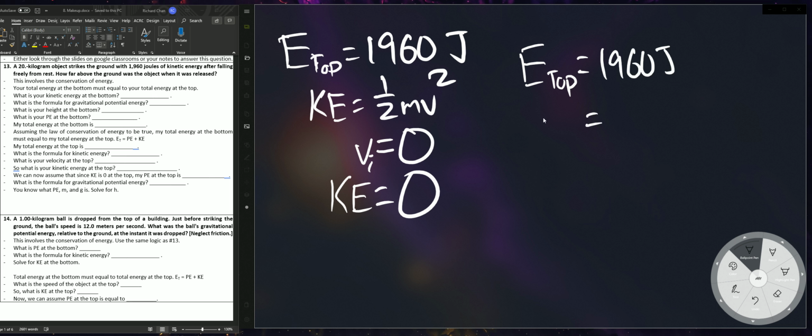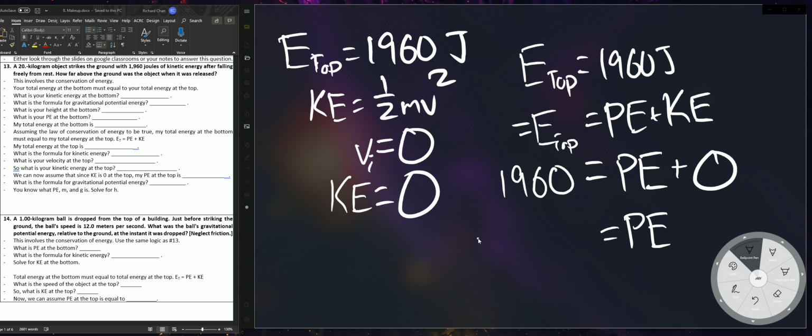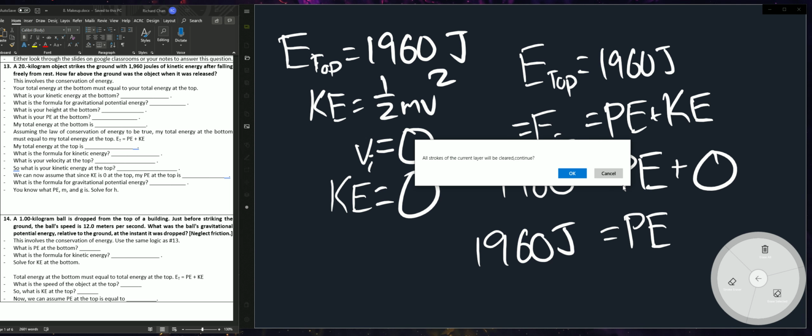And we know that energy at the top, the formula for it, is PE plus KE. Well, if my kinetic energy at the top is 0 and my energy at the top is 1960, guess what? Your potential energy at the top is also 1960 joules. And so that's the answer.